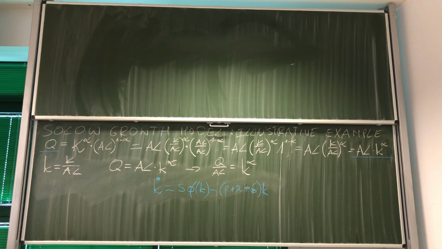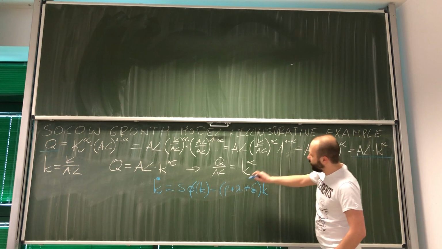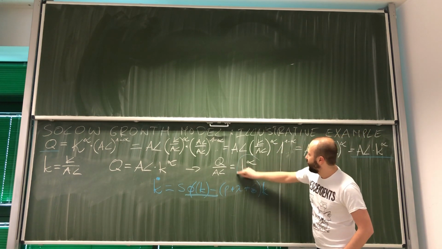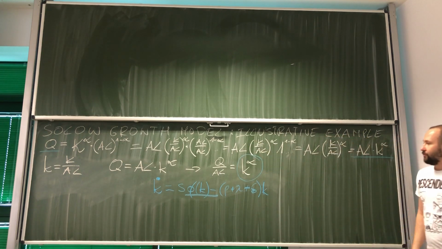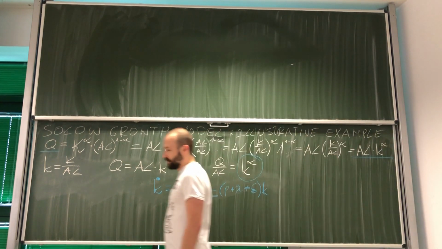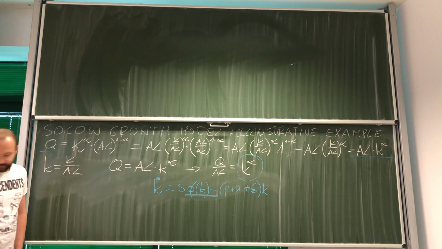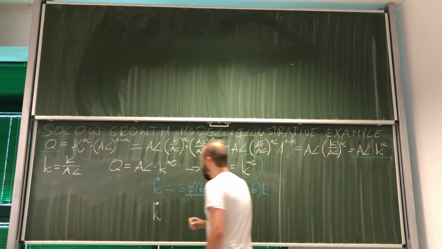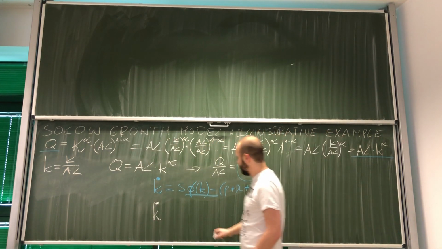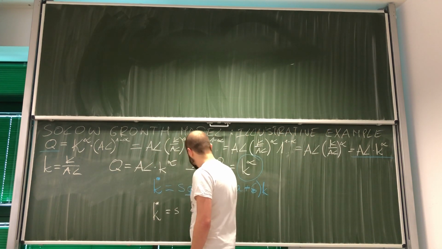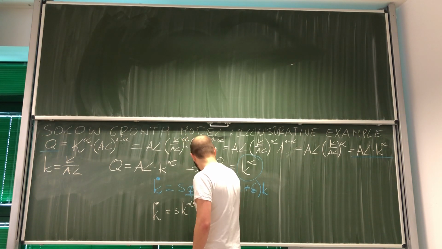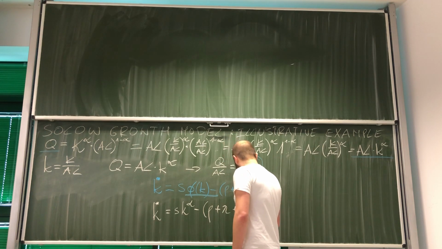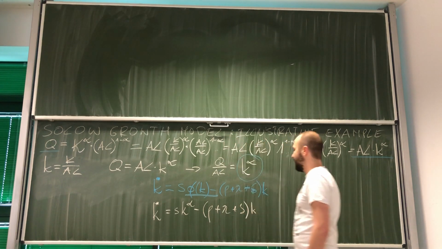What we are going to do now is replace this general function with the specific function we've assumed. As a result, change in capital per effective worker is equal to s times k to the power of alpha minus rho plus lambda plus delta times k.